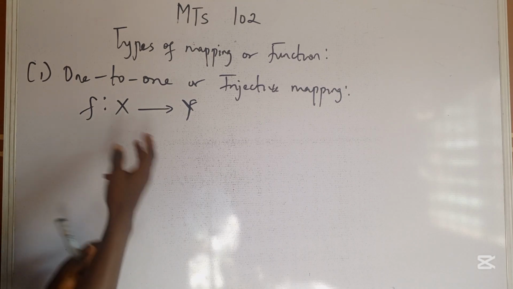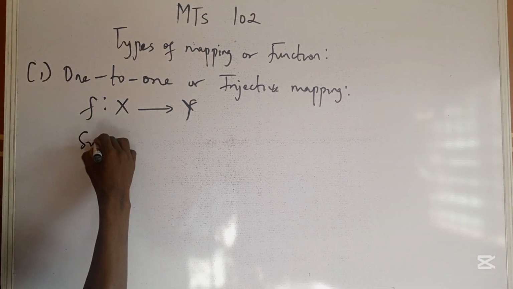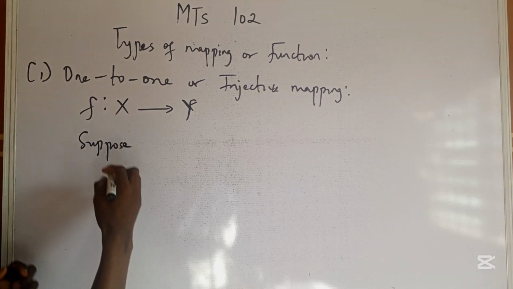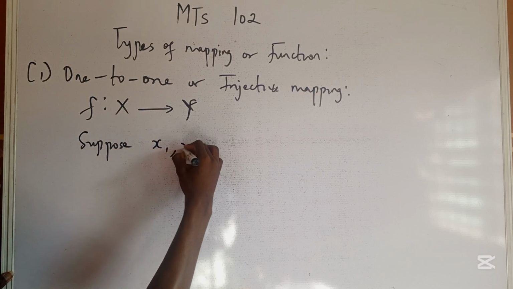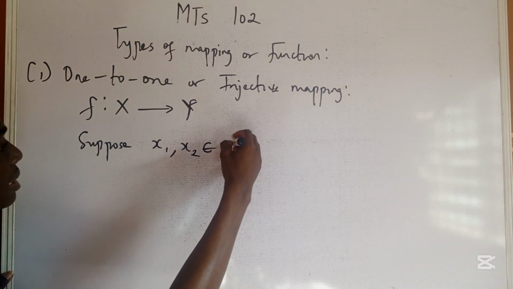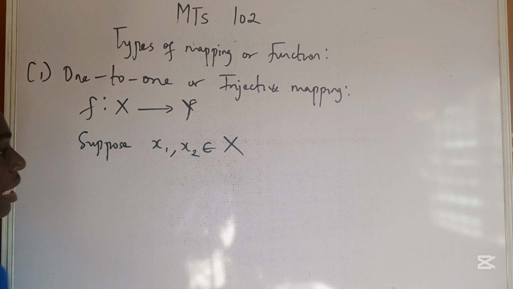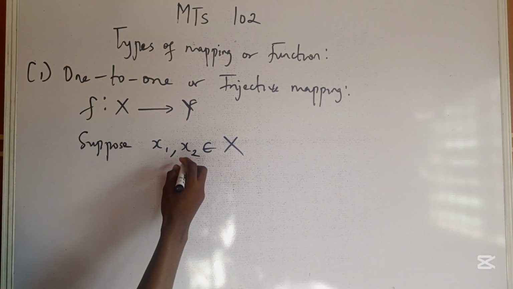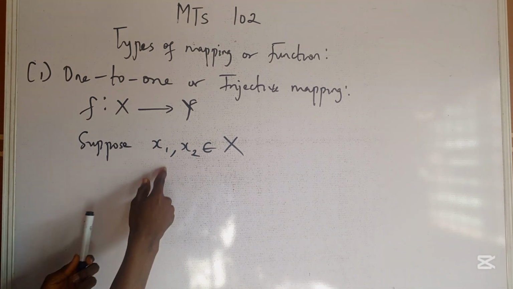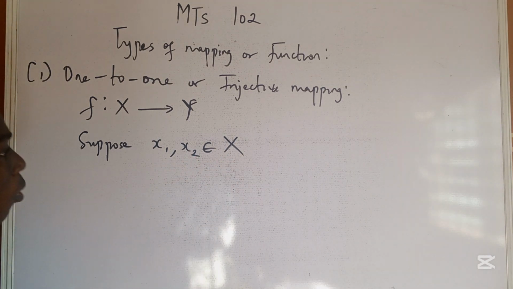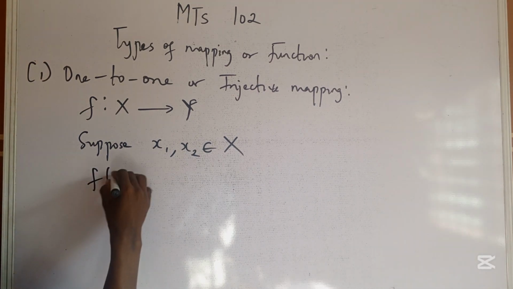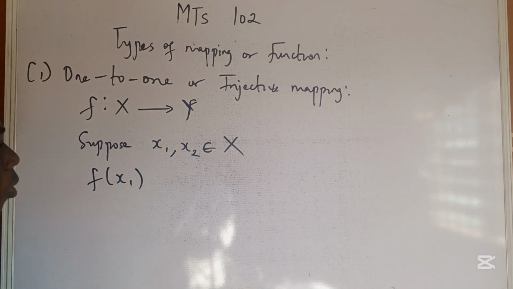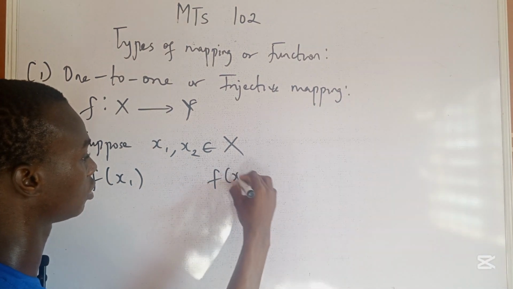Now, given a function from x to y, suppose I take two elements inside x, x1 and x2. The image of x1 will be f of x1, and the image of x2 will be f of x2.